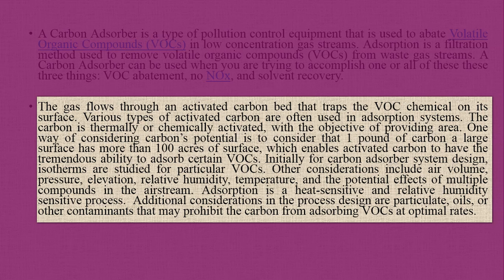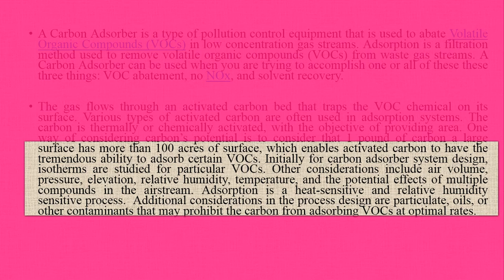One way of considering carbon's potential is to consider that 1 pound of carbon has more than 100 acres of surface, which enables activated carbon to have the tremendous ability to adsorb certain VOCs, that is, volatile organic compounds.